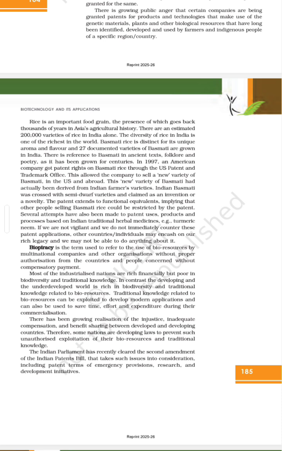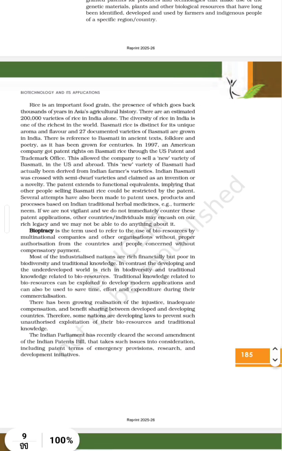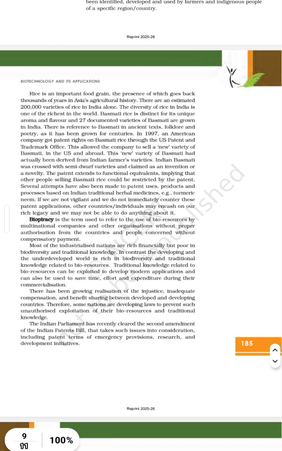Sorry, there are estimated 200,000 varieties of rice in India alone. The diversity of rice in India is one of the richest in the world. Basmati rice is distinct for its unique aroma and flavor, and 27 documented varieties of basmati are grown in India.